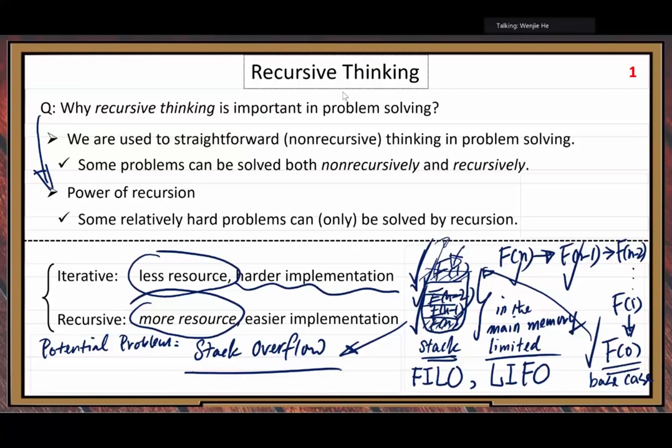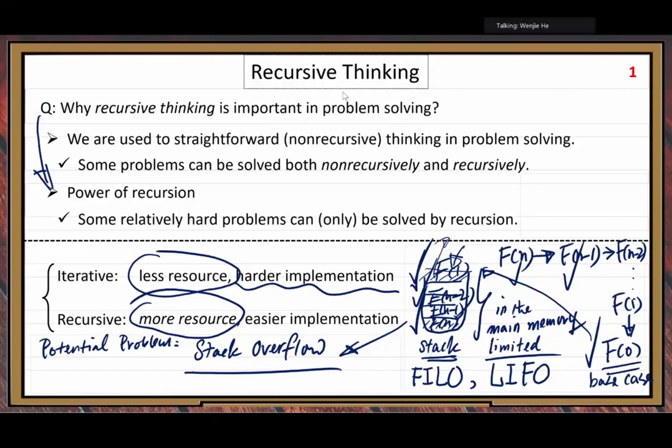So when you do recursion, you need to be aware of this potential problem. Although you enjoy the power of recursion, you need to try to avoid this problem. In this situation, you need to think about a special way to reduce the depth of the stack.